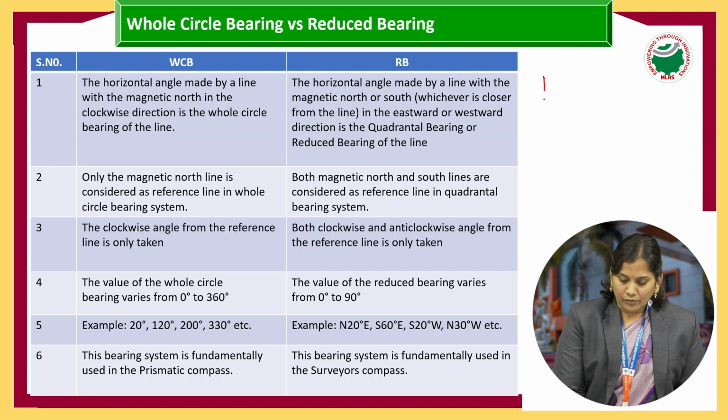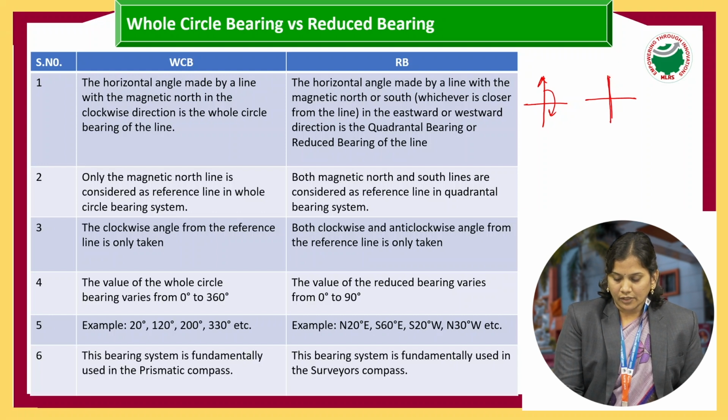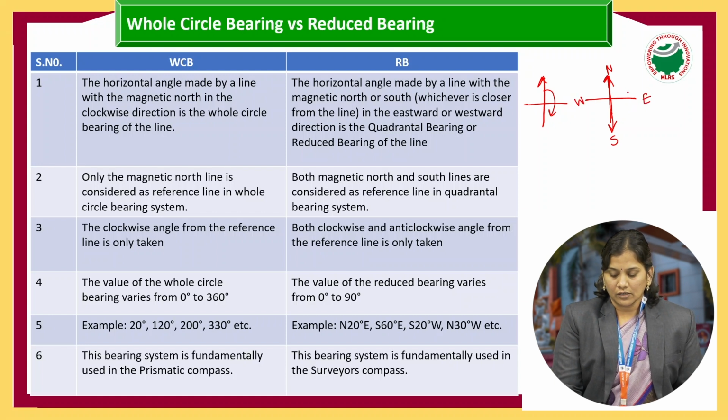In the whole circle bearing system we have north and measure in the clockwise direction only, and in the reduced bearing system the bearing is measured from north or south, eastwards or westwards, either clockwise or anti-clockwise, whichever is nearer to our survey line.